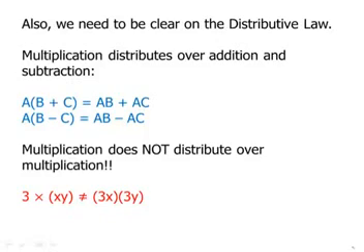So 3 times xy does not equal 3 times x times 3 times y. We do not get two different factors of the 3, one multiplying each factor. We don't distribute over factors, we only distribute over separate terms, and xy is a single term. So in fact, if we multiply 3 times xy, we just get 3xy. Very important to be clear on this. This is a subtle mistake.